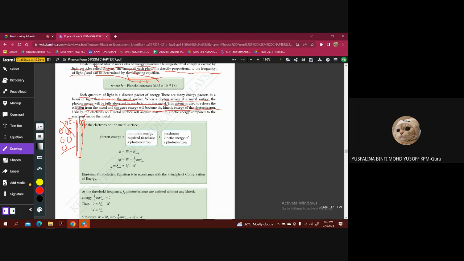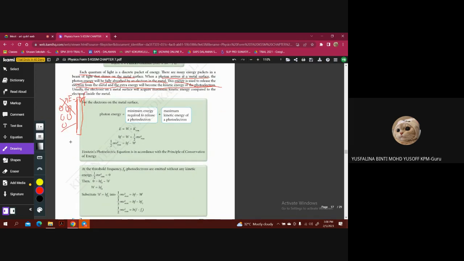The extra energy given by the photon energy is used to move it. Once the electron comes out from the metal, we call it a photoelectron.